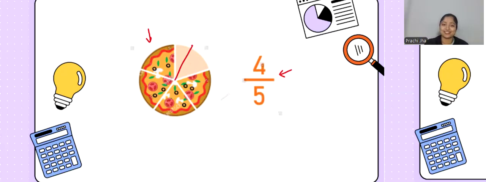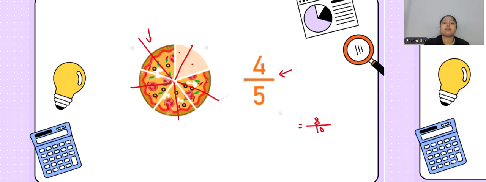I know they do not look very equal while I'm drawing, but suppose we divide each of them into two equal portions. Now let's count the total portions: 1, 2, 3, 4, 5, 6, 7, 8, 9, and 10. The total portions are 10, out of which how much is shaded? We have 1, 2, 3, 4, 5, 6, 7, and 8. Exactly, we have shaded 8 out of 10.